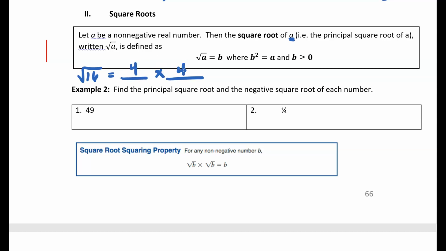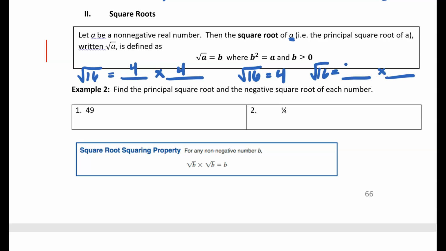Well, 4 does. So the square root of 16 is equal to 4. There's also another number that when multiplied by itself gives you 16. So think about that for a minute. What's one other option besides 4 that when you multiply that number by itself you end up getting a positive 16?